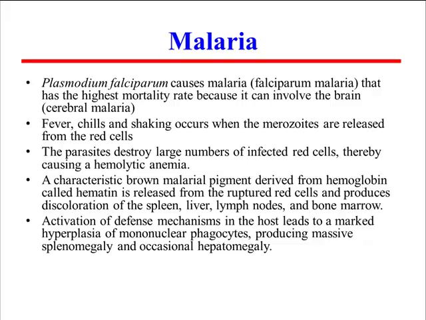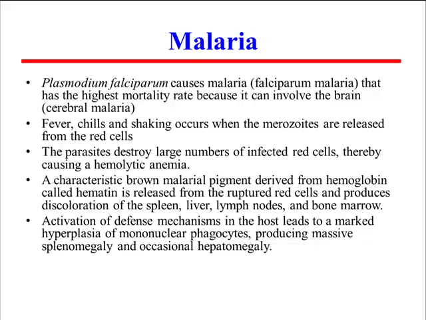So when the red blood cells are ruptured, the hemoglobin will release what is called hematin, and that's why you'll see this characteristic brown pigment in the spleen or liver or even lymph nodes of patients with malaria.